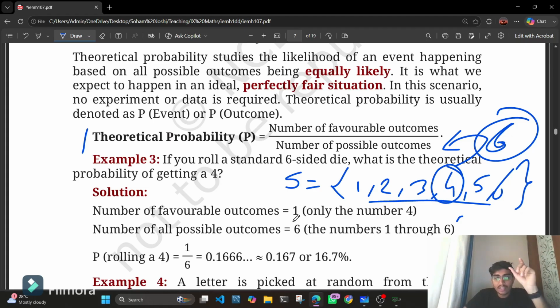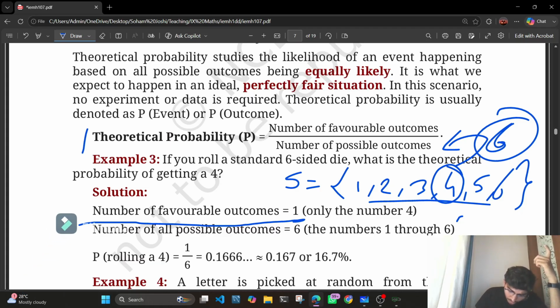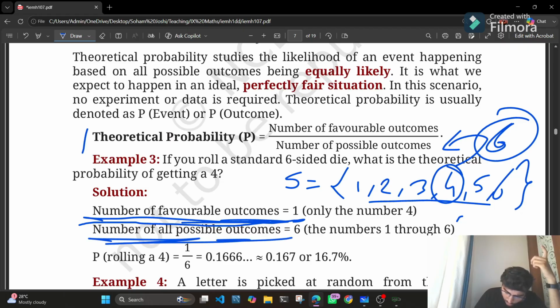If I roll the die once, it is possible that I get a 4 only one time out of 6. So the number of favorable outcomes is 1, and the number of all possible outcomes is 6.